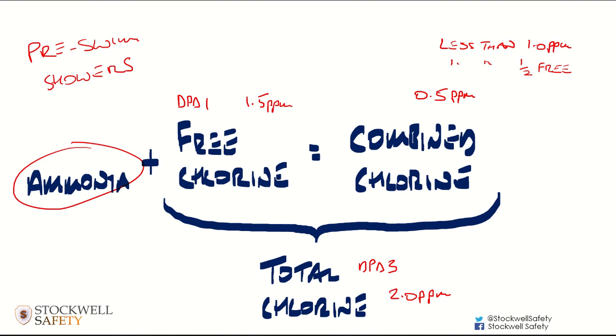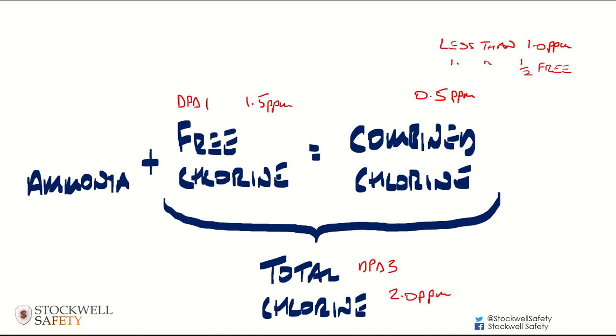Another way of controlling the build-up of ammonia is making sure that you're adding plenty of fresh water into the pool. So that has the effect of diluting out the ammonia. And as long as you're doing that, when you end up adding free chlorine, there'll only be a limited amount of ammonia to combine with, so then you're not going to allow the combined chlorine levels to accumulate to high levels.